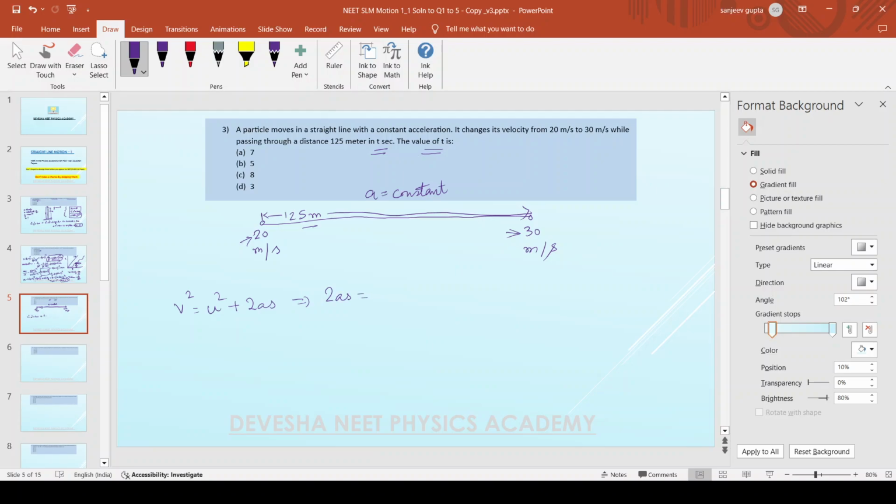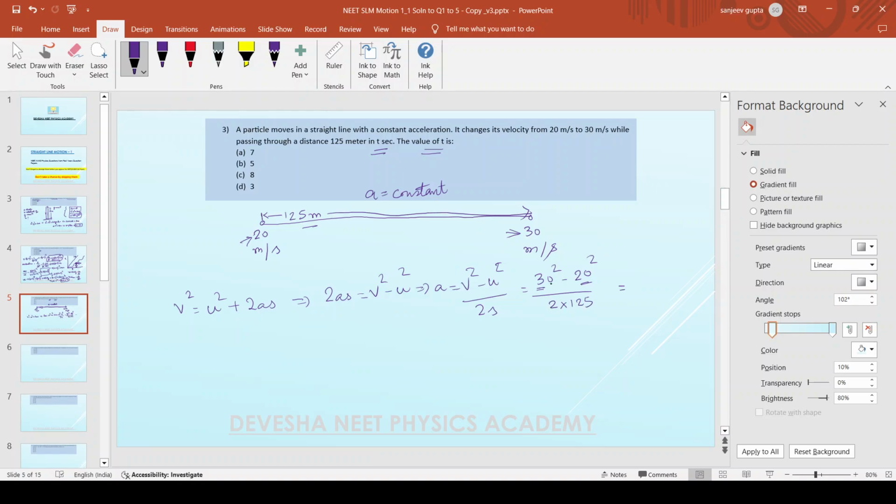So 2as is equal to v square minus u square, which means a is equal to v square minus u square upon 2s. So v square is 30 square, u square is 20 square, where this is the initial velocity and this is the final velocity, divided by 2 into s. S is 125 meters.